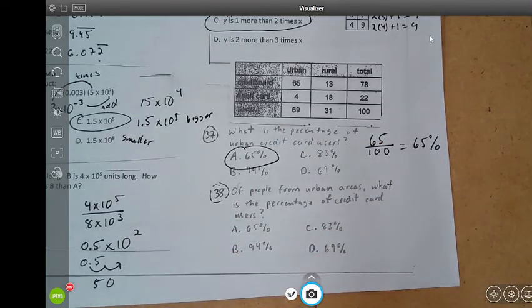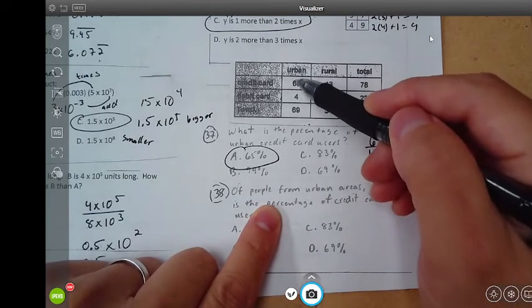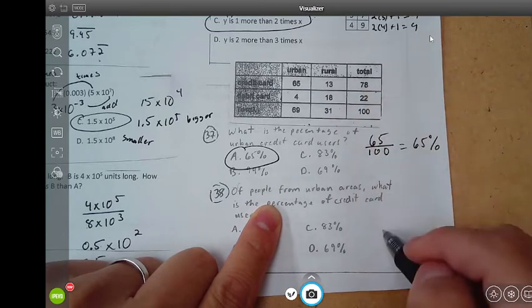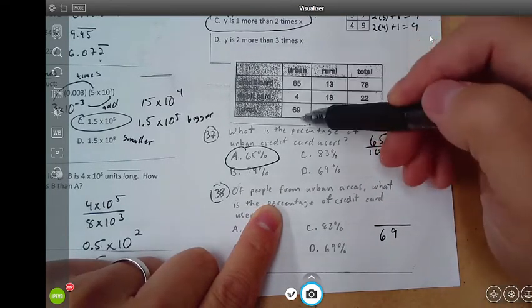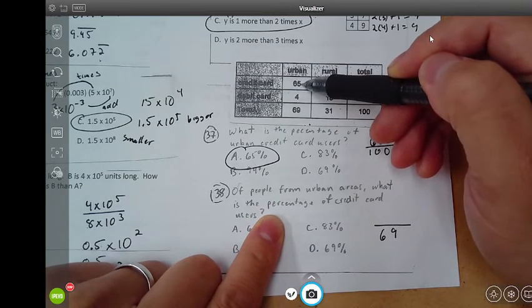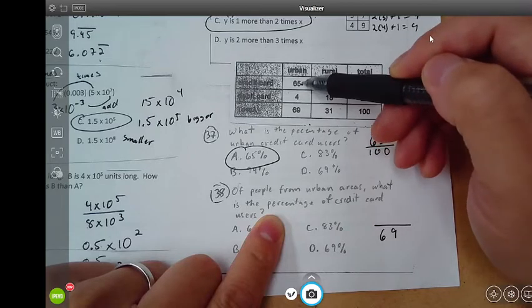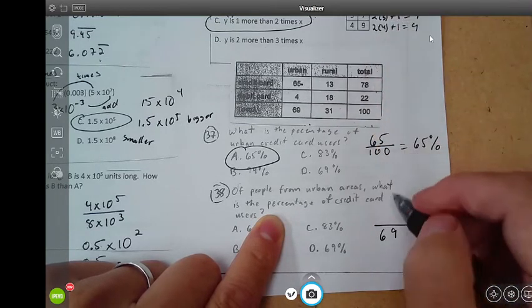Next one is a little bit different. It says, of the people that are in urban areas, there's 69 people in urban areas. That's our denominator. Of those people, what is the percentage of credit card users? There's 65 of those 69 in urban areas, 65 of them use credit cards.